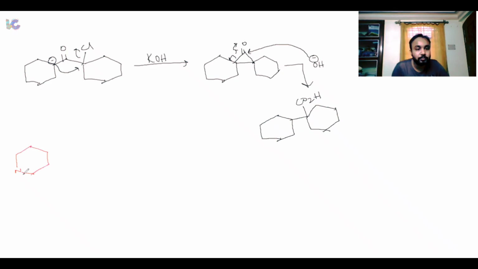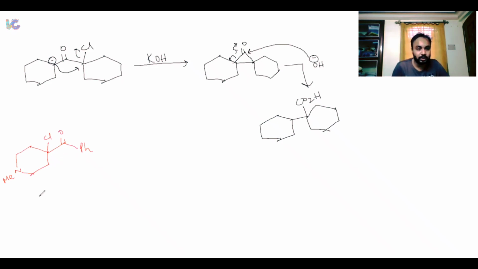And next example, the last example, what we will see is that, let's say if we have this type of system. So here we have an Me group and we have a Cl, keto, we have Ph. Now this one is an alpha haloketone, but the problem is that it does not have any alpha hydrogen that can be abstracted. That means it is a non-enolizable ketone.